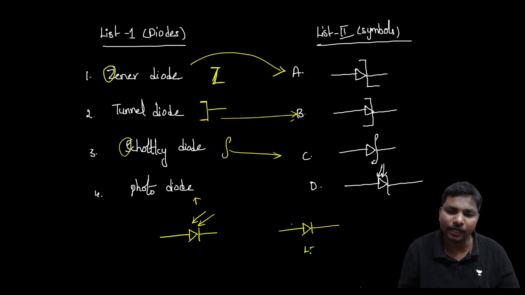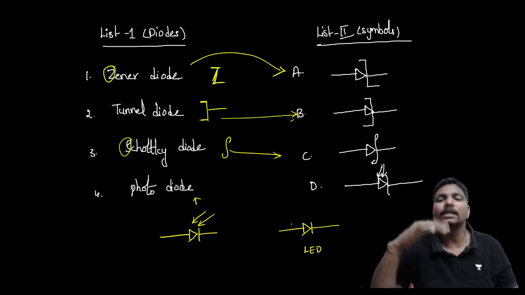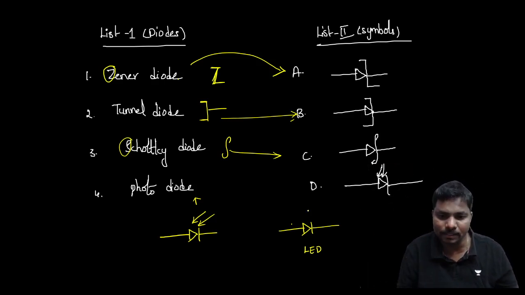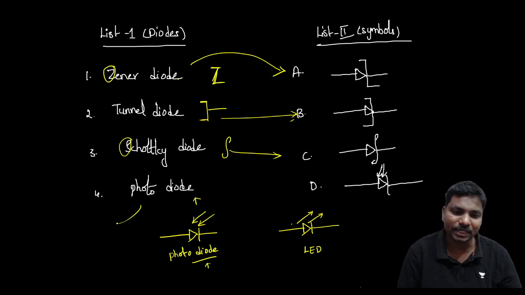And coming to the LED, it emits light. It produces light. That means from the diode, light is produced in the outward direction. That is the simple thing. All of you clear? So don't confuse. Light falling means photo, and LED is light producing, in the outward direction.